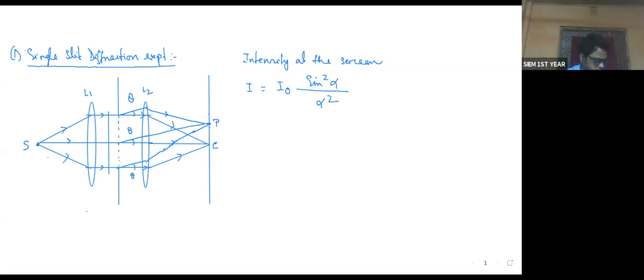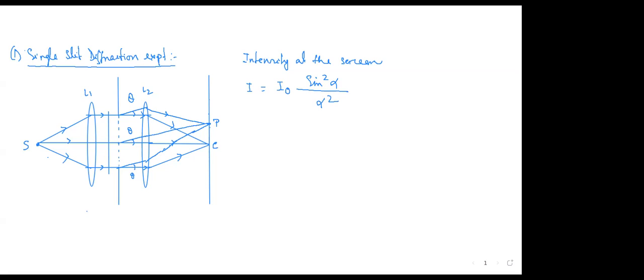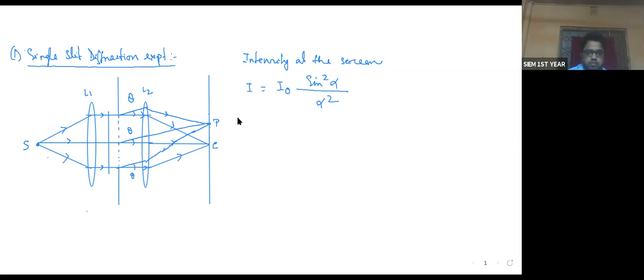Where I0 equals K square. It's actually the square of amplitude.